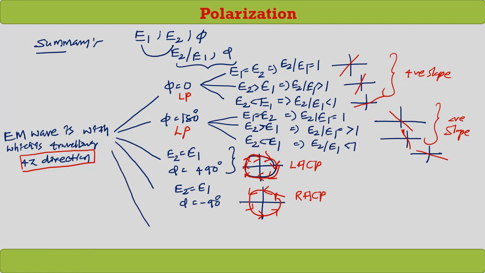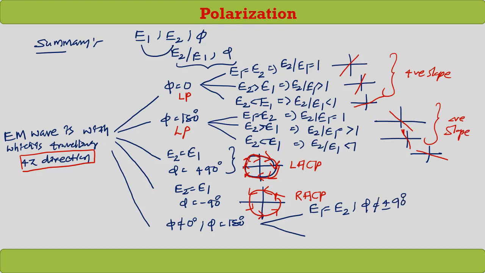Now if we are not meeting these conditions, then elliptical polarization you will get. You are not taking phi equal to 0, you are not taking phi equal to 180, but you are meeting E1 equal to E2, but phi is not equal to plus or minus 90.